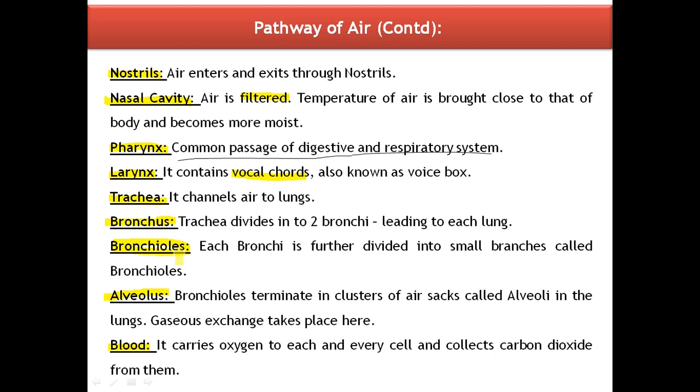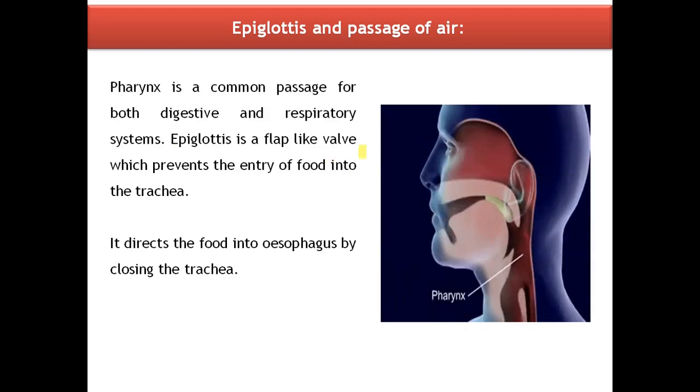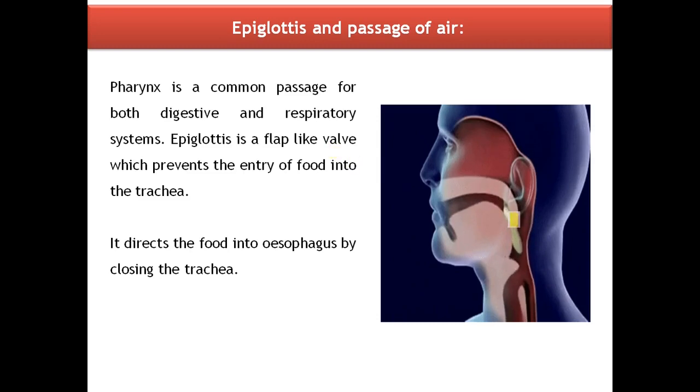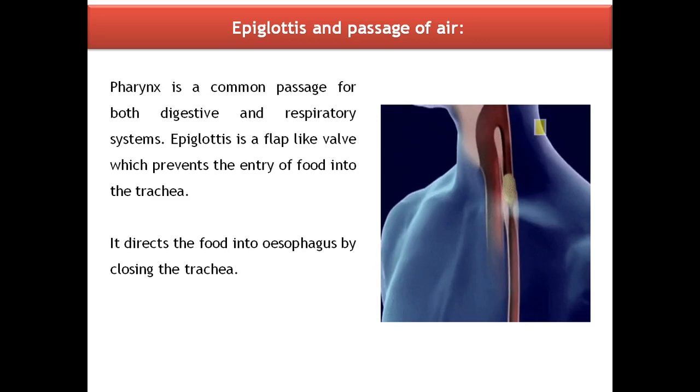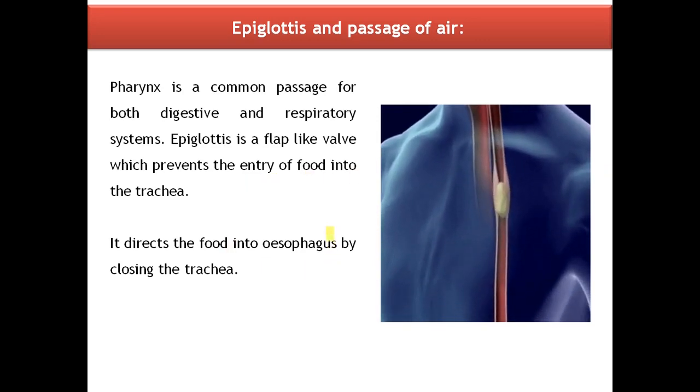In the passage of air, we need to discuss the role of epiglottis. Food we eat after mastication goes to the esophagus through pharynx, and the air which is inhaled also goes to the trachea through pharynx. So, pharynx is the common passage for both food and air.